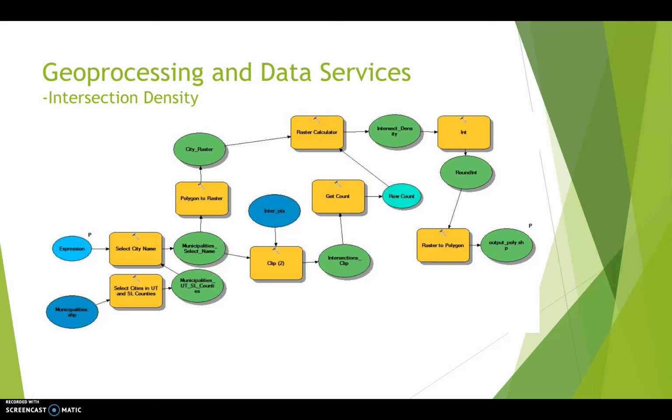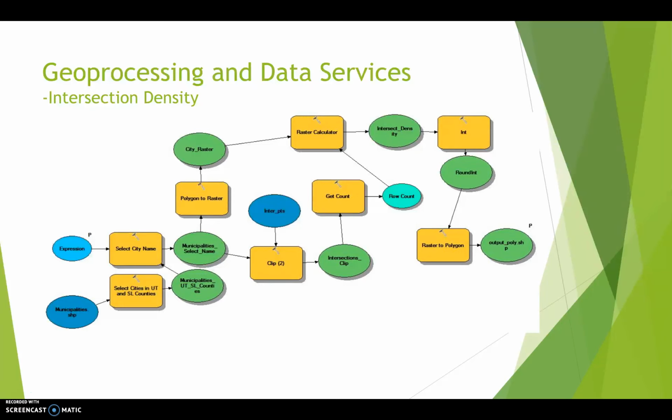For the intersection density, we're doing pretty similar things as with elevation. We have the number of intersections around all of Utah and Salt Lake County, and we use a clip tool to select each city's boundaries.